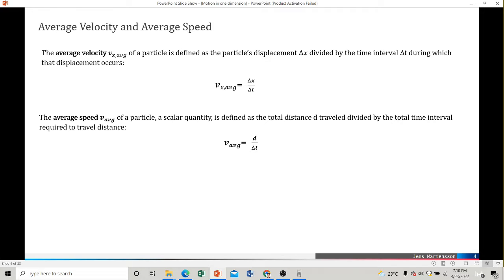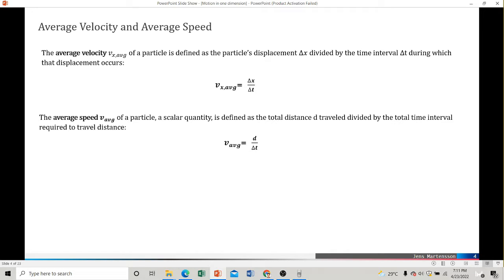So the average velocity is calculated by measurement in the x direction, that is, its displacement, unlike the average speed, which is the total distance actually covered. So we put here the distance with respect to time.